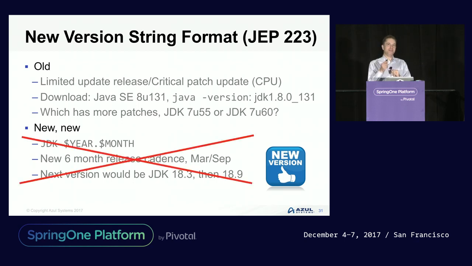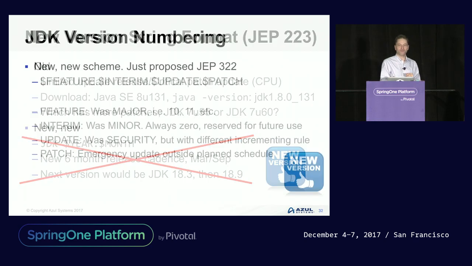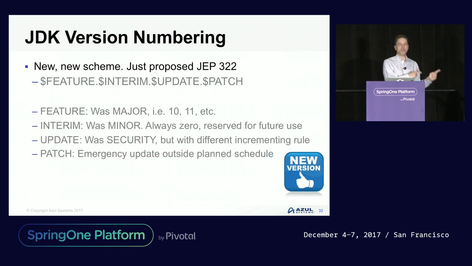So now we have another new one, and this is kind of hot off the press, in fact, because it was only this week that this one came out, because there was another one between the two that I've just explained. So now we have feature, interim, update, and patch, which looks very much like the one that we had for JDK 9, except it's got an extra number at the end. So feature was going to be major, so this is 10, 11, and so on. Minor, why they say this, I don't know.